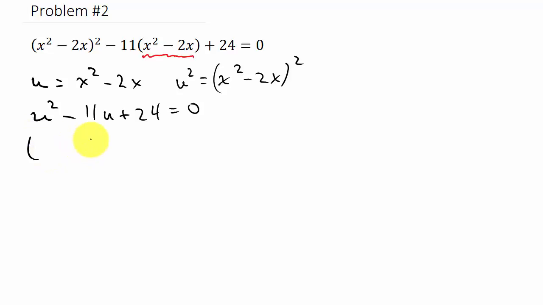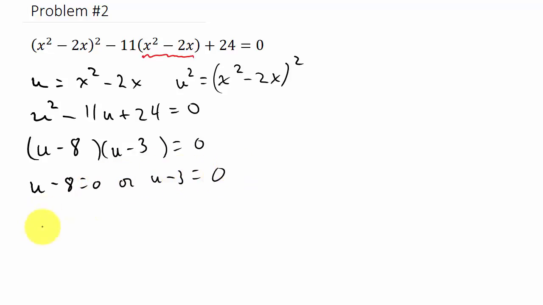And then we factor, and so that's u minus 8, u minus 3, so u minus 8 equals 0, or u minus 3 equals 0, so u equals 8, or u equals 3. Alright, and once again, we're solving for x, not u.